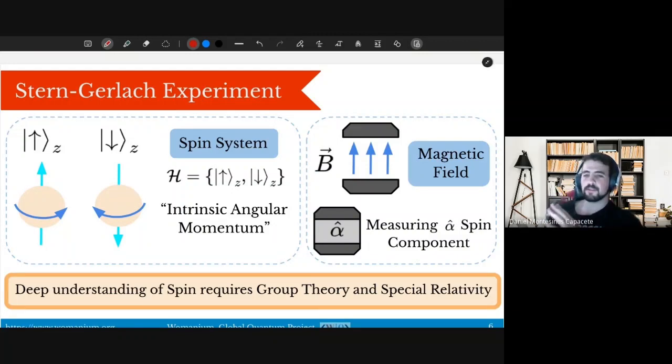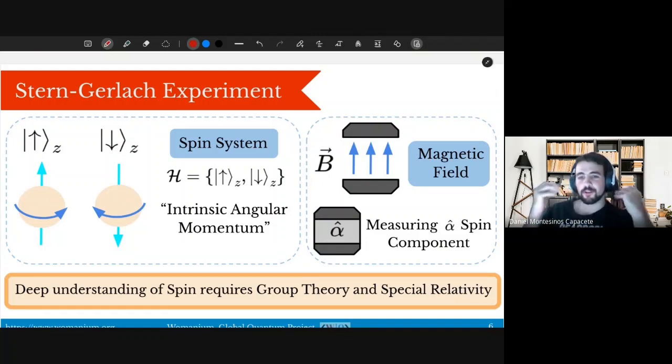You may have heard this before or not, I don't know. Having a proper understanding of where the spin truly comes from requires group theory and a little special relativity. So it's quite a complex thing.